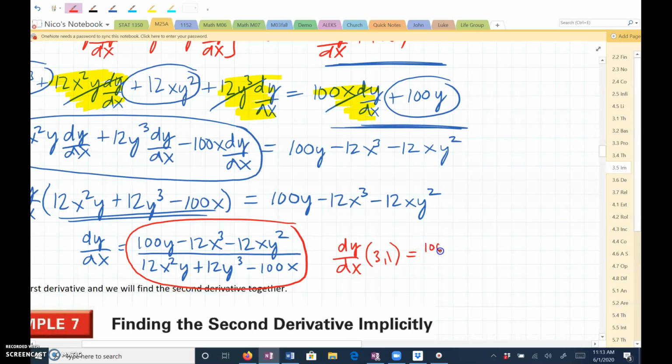So this would be 100 times 1 minus 12 times 3 cubed minus 12 times 3 times 1 squared, all over 12 times 3 squared times 1 plus 12 times 1 cubed minus 100 times 3.